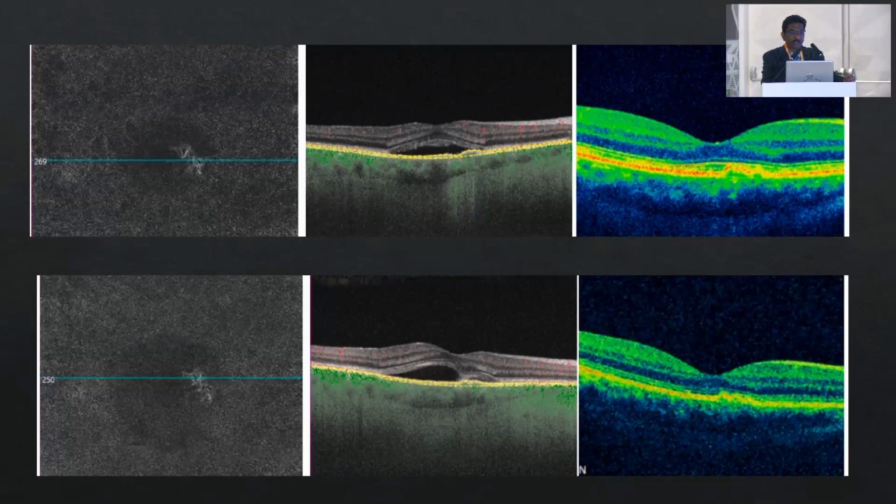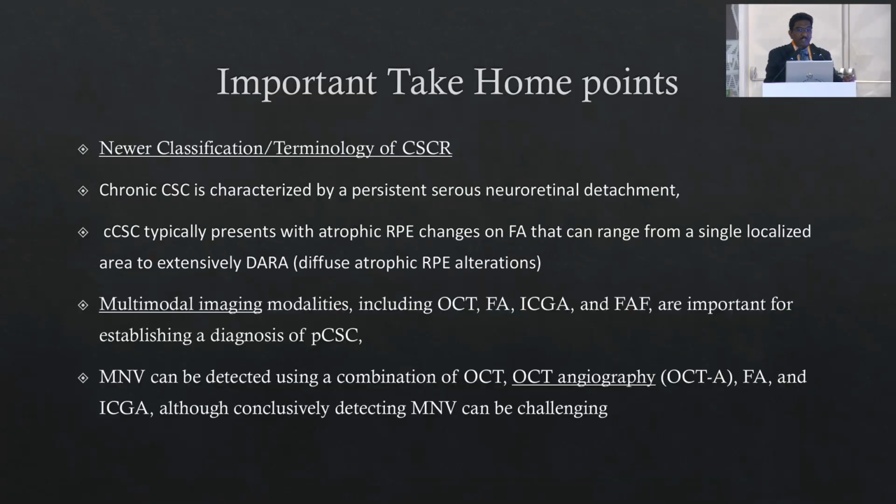This is one more patient treated for MNV. So the take-home points are that we may have to adopt the newer classification, and the CSR will have these atrophic changes. We need to look for this, and multimodal imaging would be the mainstay to help us rule out PCV and to find a macular neovascularization.